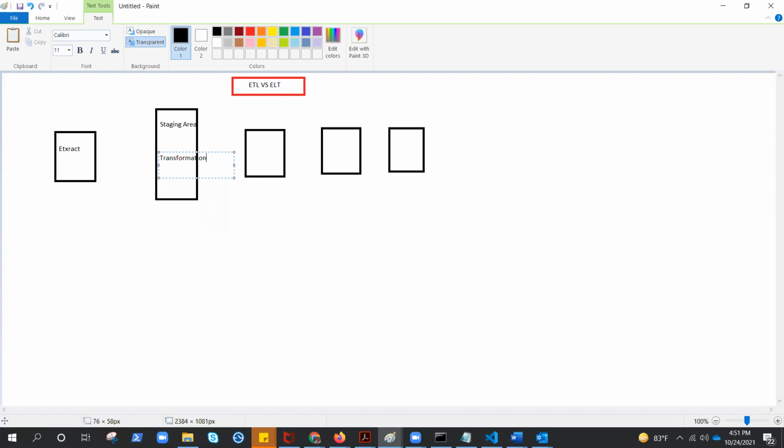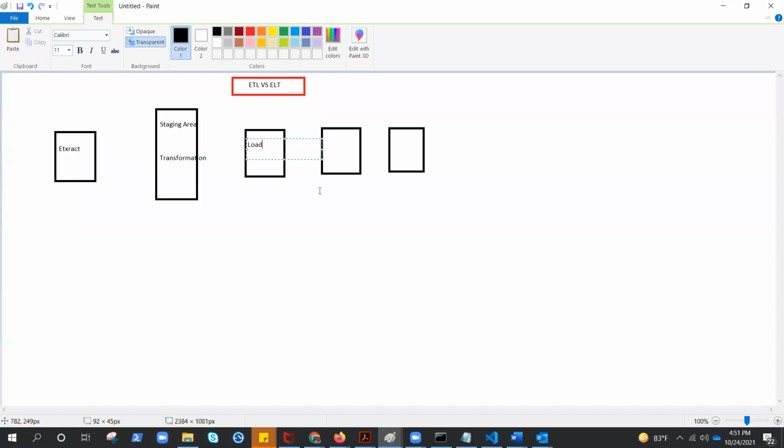Maybe the blank entries. In some situations, maybe the unit is ml. In some, it is millimeter or milliliter. Those kind of things. So transformation happens in the staging area, and then they will load the transformed data.